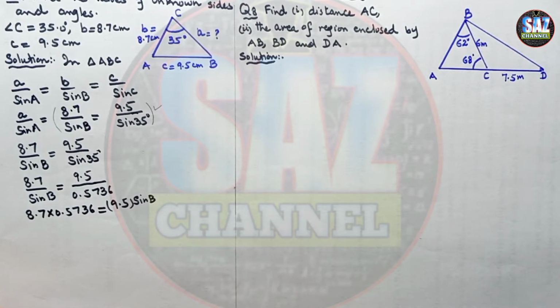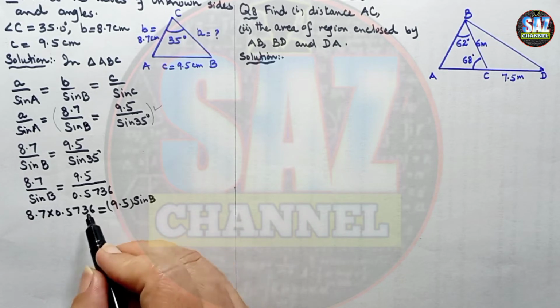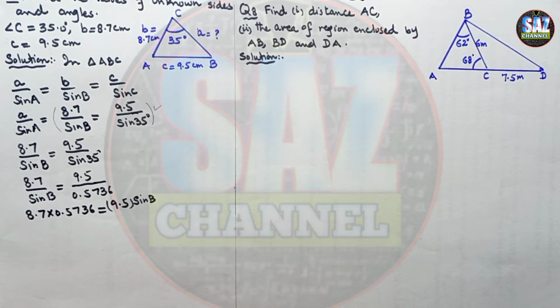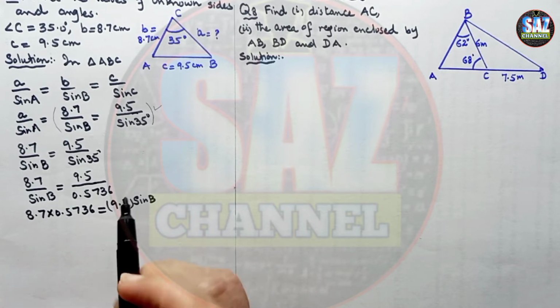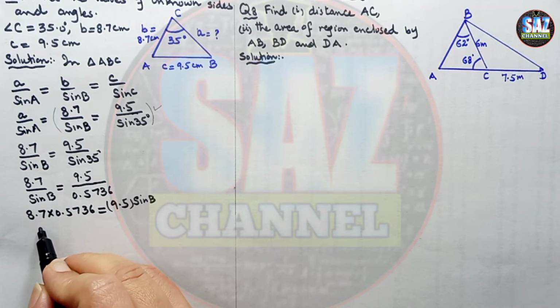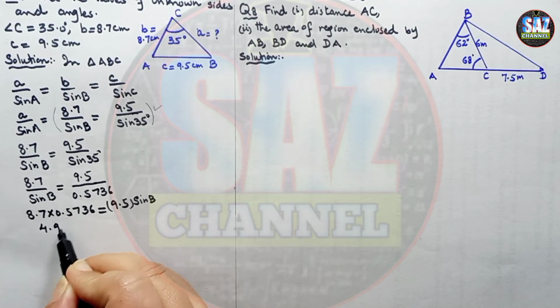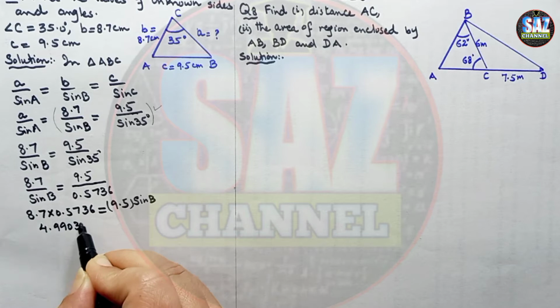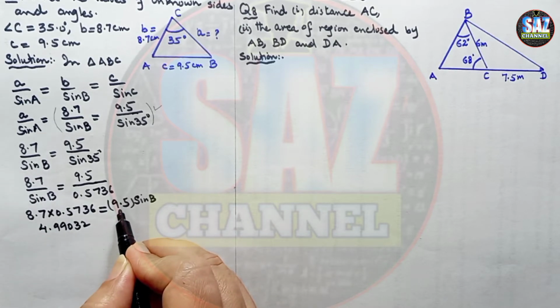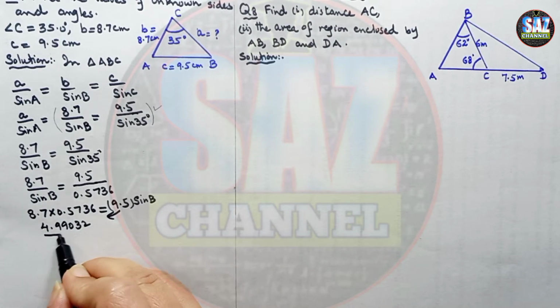Now what I have to do is first get the product of 8.7 with 0.5736, and this gives me 4.99032, and then I have to shift this 9.5 to the other side.